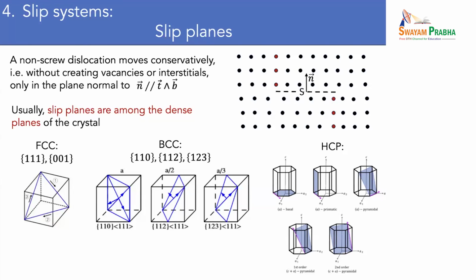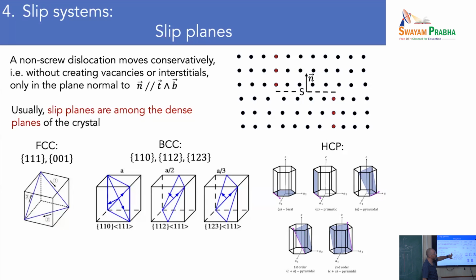And so again, it's less exact as a rule, but generally, these slip planes that we mostly see in crystals are among the densest planes of the system. So in FCC, it's going to be the 111 planes. Sometimes also we see 001. In BCC, well, it starts to be a bit ugly.